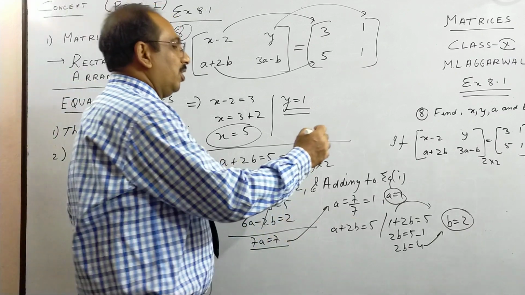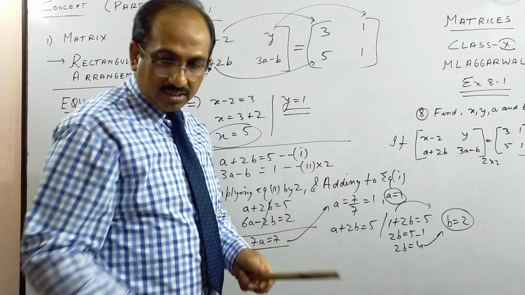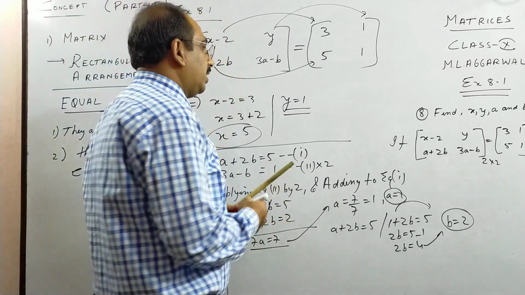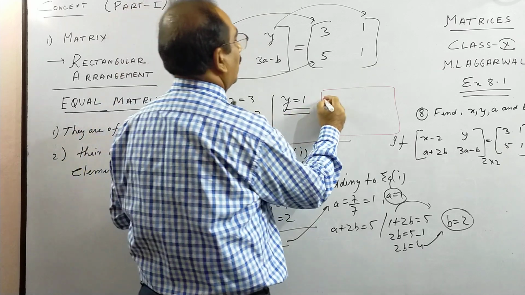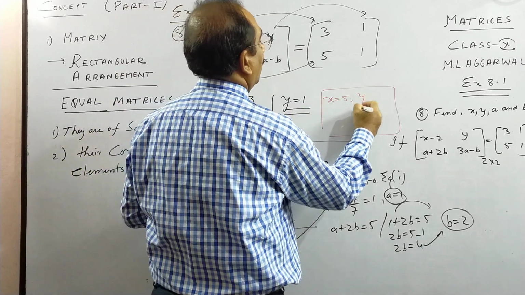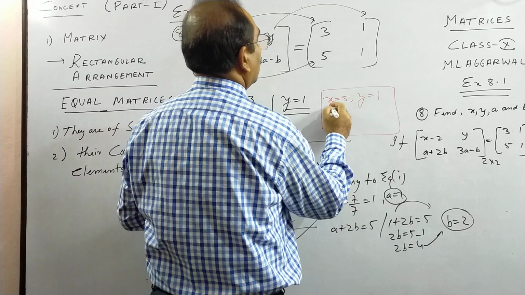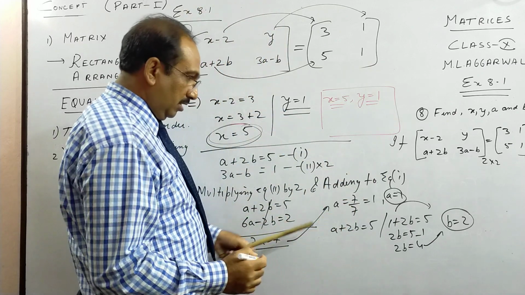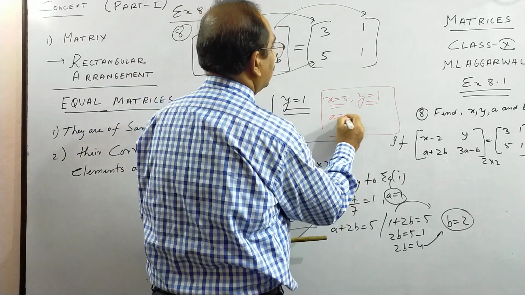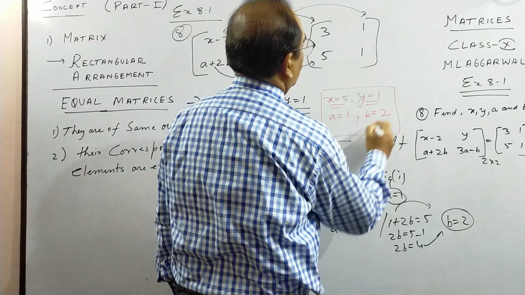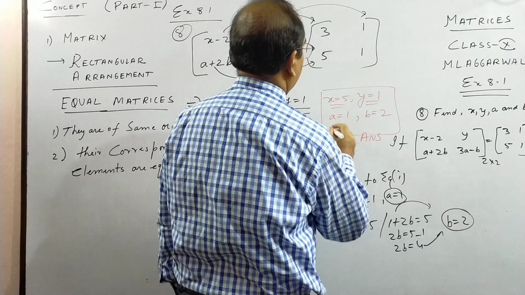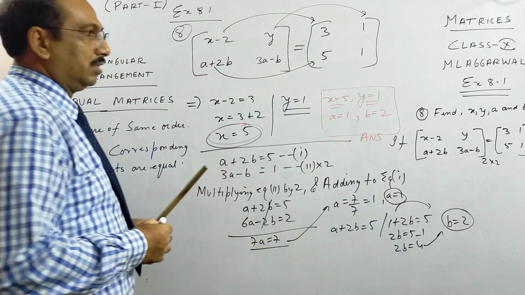So finally what we all get, here we can write finally that x is 5, y is 1, a is 1 and b is 2. So these all are our answers.